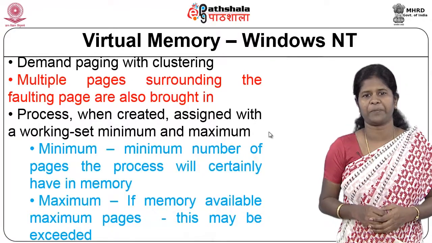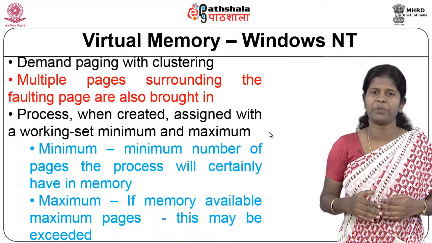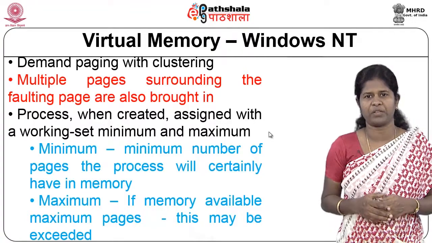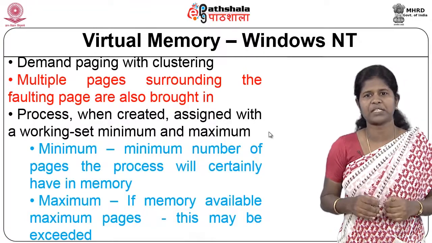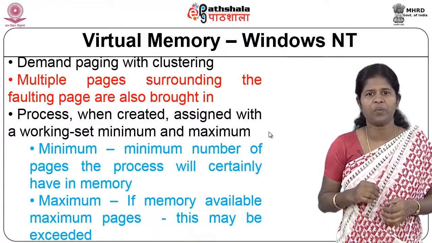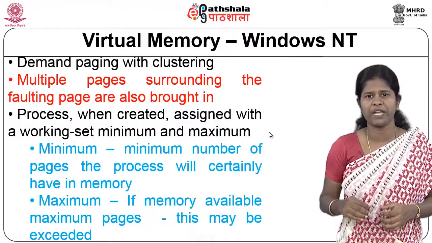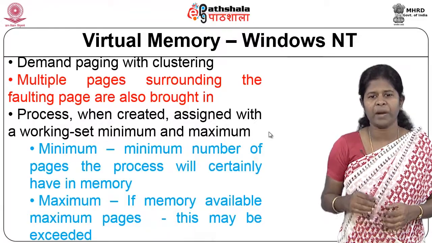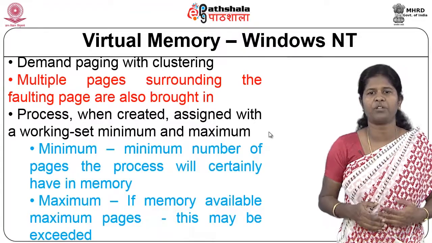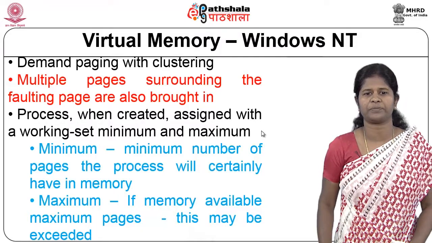The working set maximum is the maximum number of pages the process can have in physical memory, so with a maximum of 20, the process will be assigned at most 20 physical frames. But at some times this 20 can be exceeded, and a few more physical frames can also be given to the process.